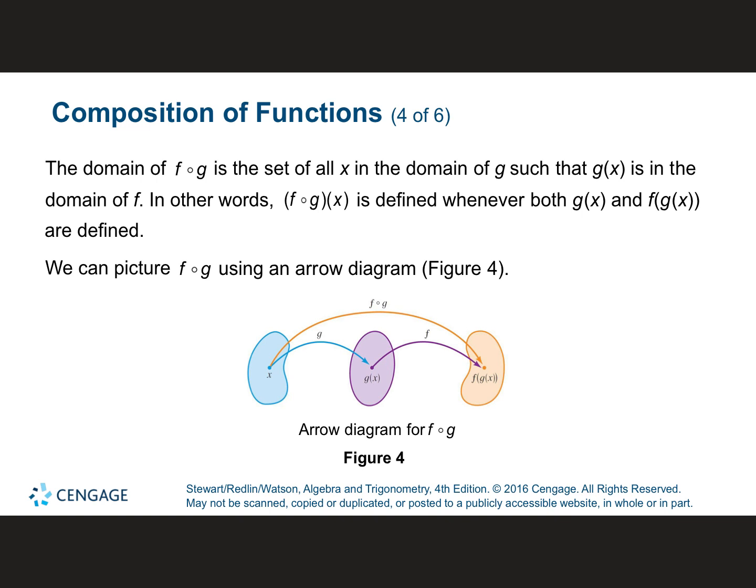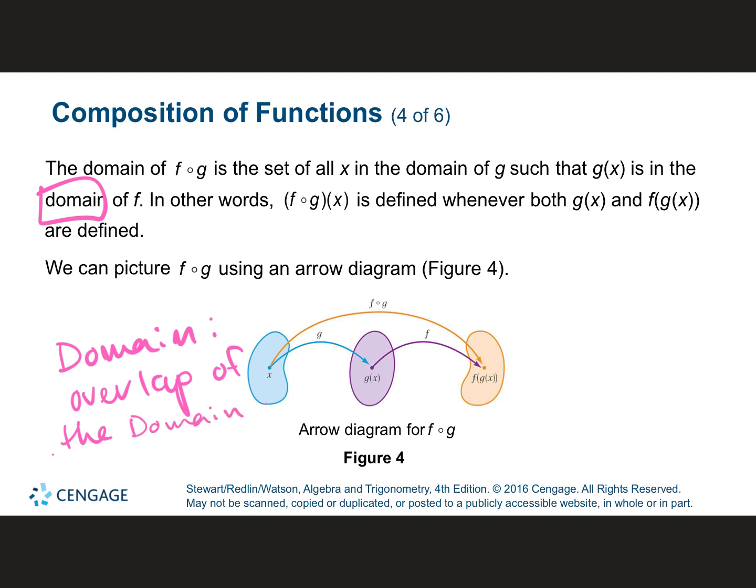We're also going to be asked to find the domain of our composition functions. So for the domain, it is the overlap of the domain of the inside function and the whole function.